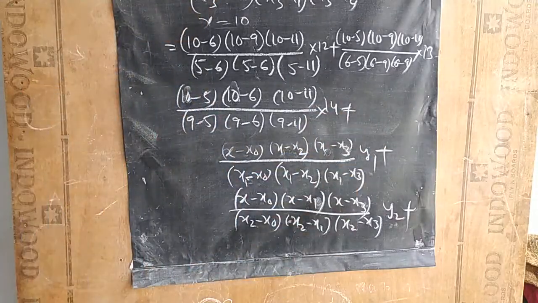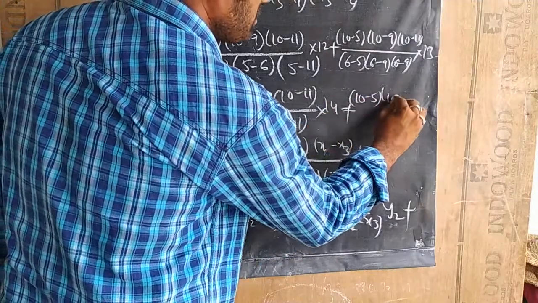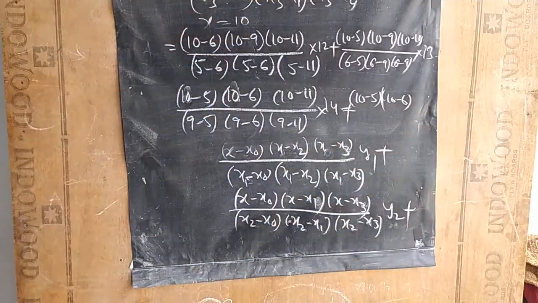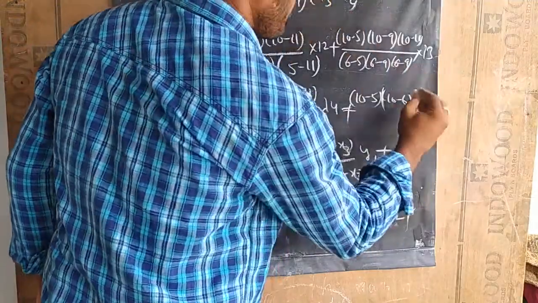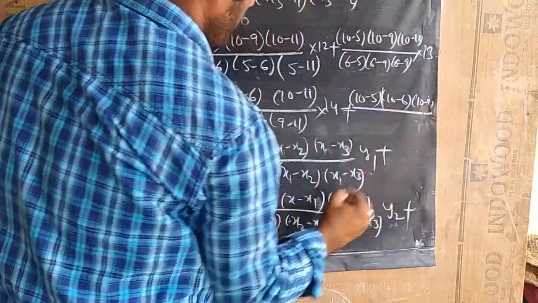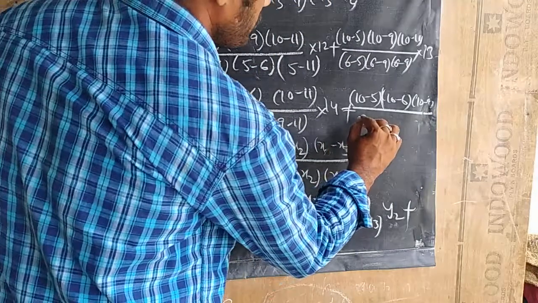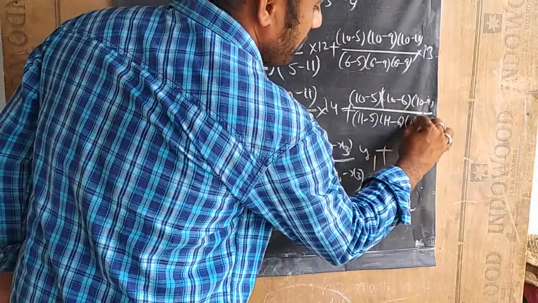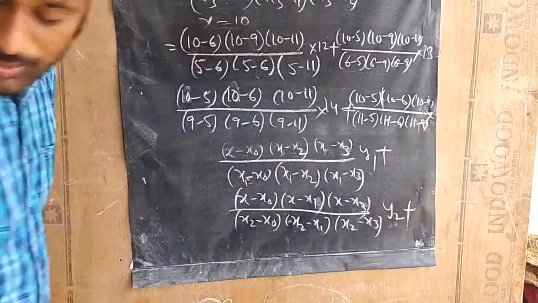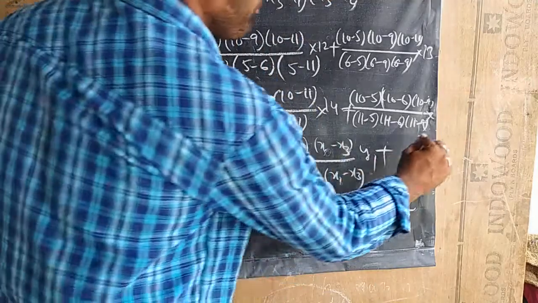The last one: 10 minus 5, 10 minus 6 and 10 minus 9, divided by 11 minus 5 into 11 minus 6 into 11 minus 9 into, the value for y3 is 16.